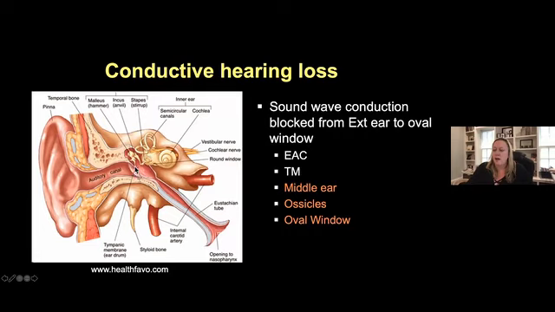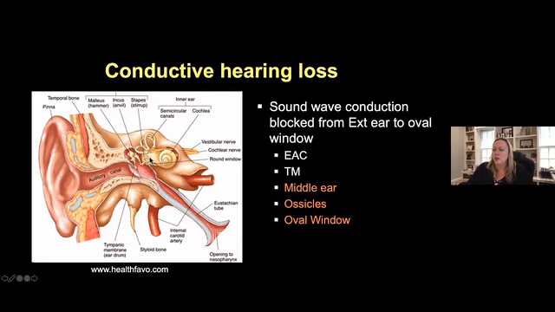It vibrates the tympanic membrane and then vibrates the ossicles, and each ossicle amplifies the sound wave. And then going all the way to the stapes, the foot plate of the stapes attaches to the oval window, which then causes vibrations into the inner ear.